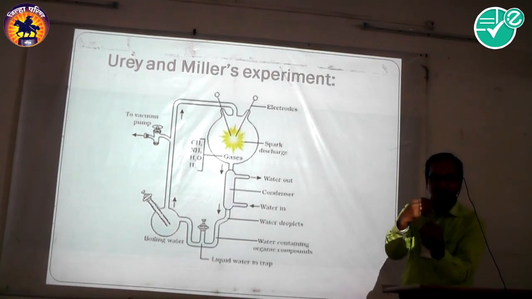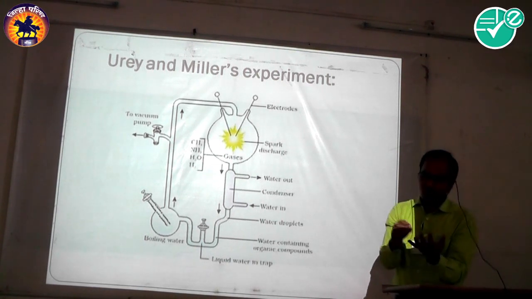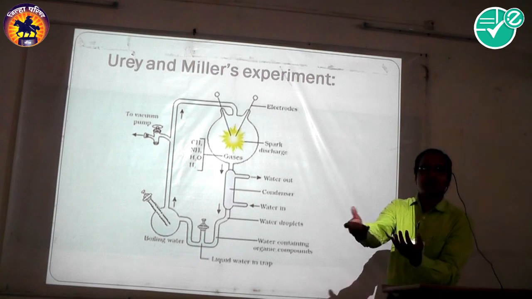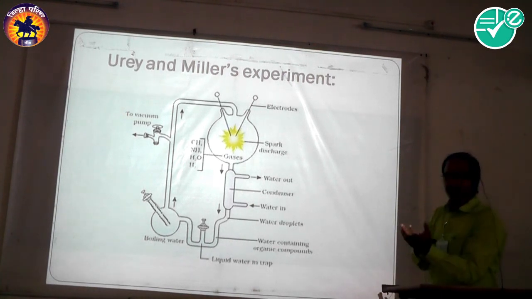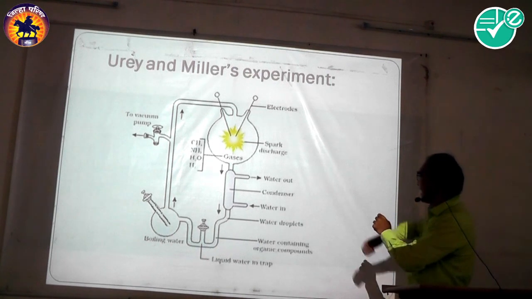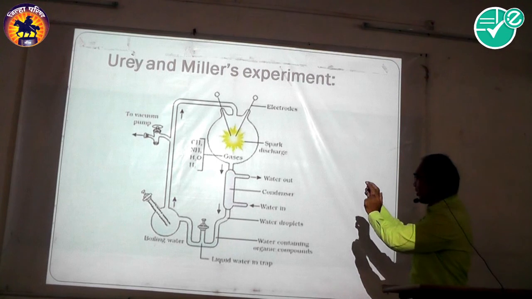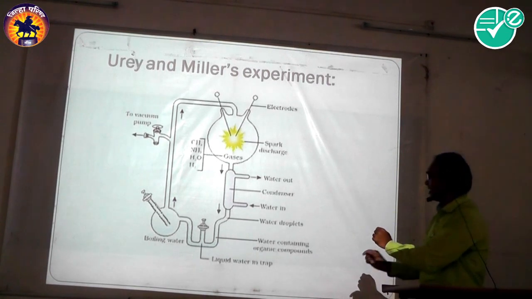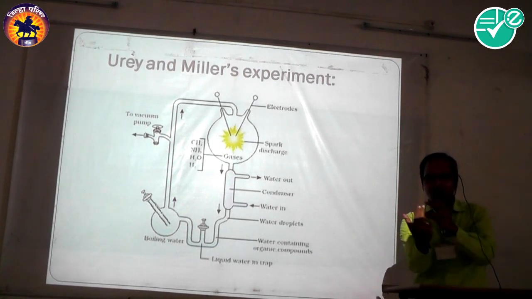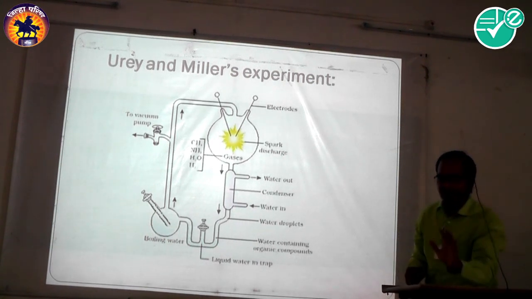We know that from these gases there is a formation of simple organic substances. And when these gases mix together, they come in the downward direction through the tube. But while they pass downward, that glass tube is covered by a condenser. The condenser gives a cooling effect there.